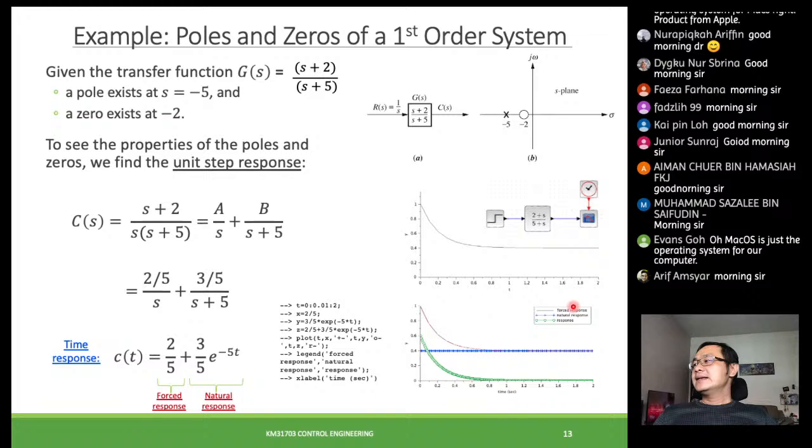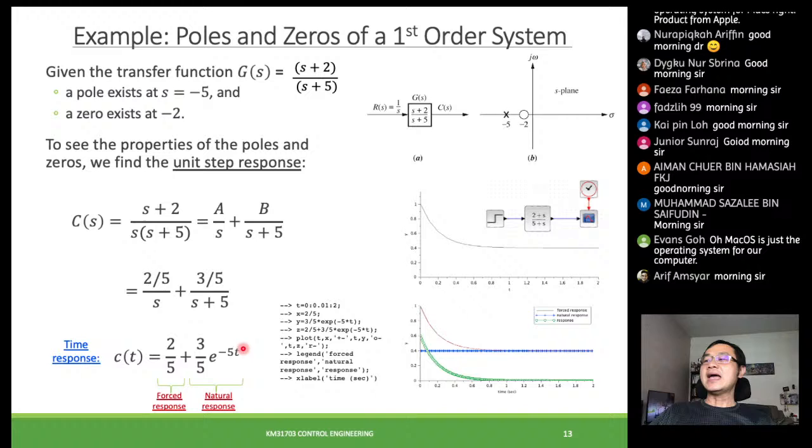Now again, we would want to know what the time response is. When we are looking for the time response, we are basically trying to solve our transfer function and take an inverse Laplace to form back our equations in terms of time, right? You have to turn it back from the Laplace form into the time form, so this is our time response, where our functions will be in terms of time.